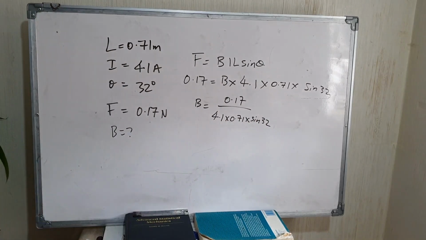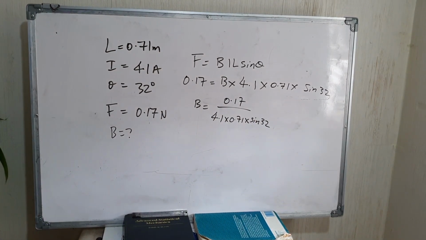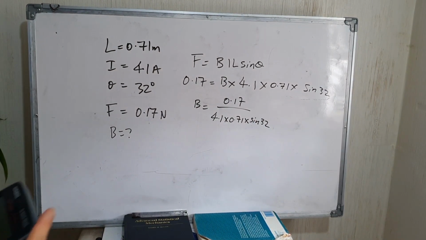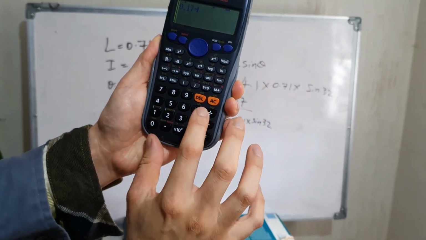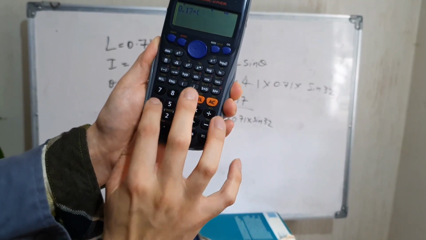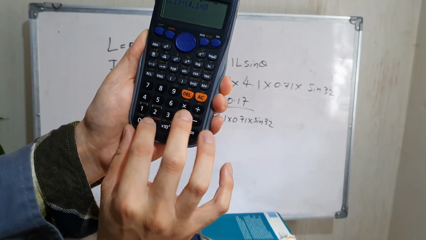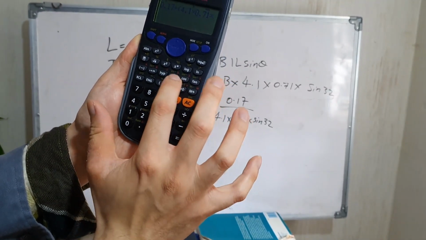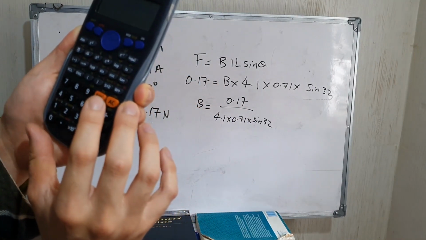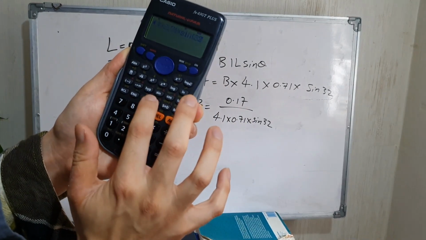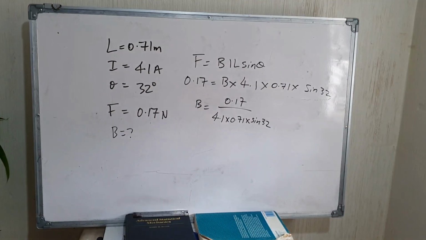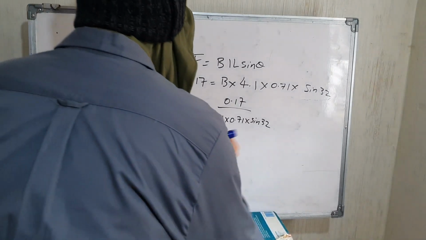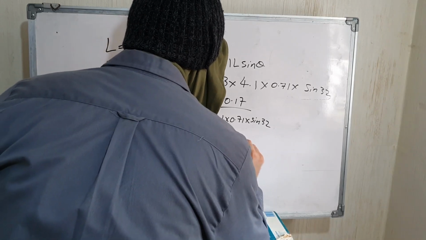Let's put the numbers in and see what we get. So it's 0.17 divided by brackets 4.1 times 0.71 times sine of 32, make sure it's in degrees, brackets. You get 0.11 Tesla.